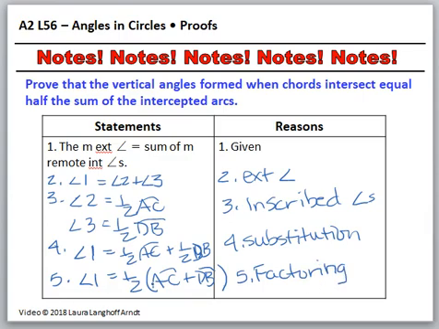And that means we've just proved it. That's what we were trying to prove, that angle 1 is 1/2 of the sum of the intercepted arcs, which is AC and DB.